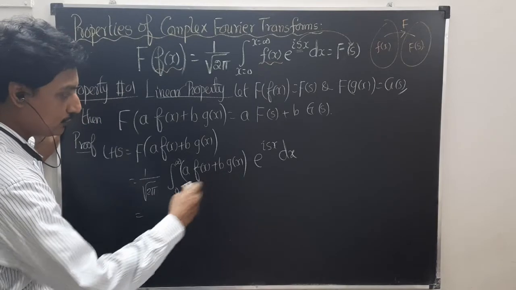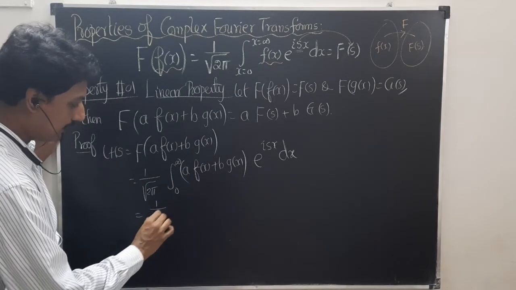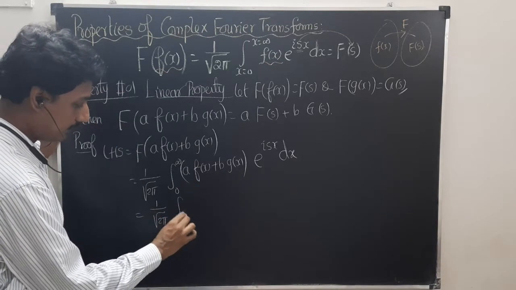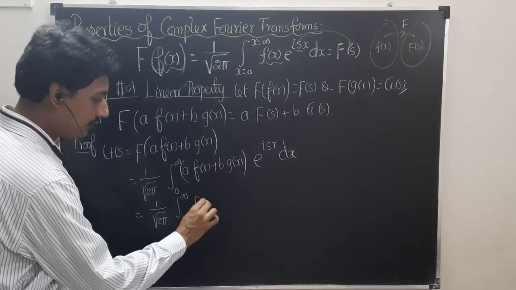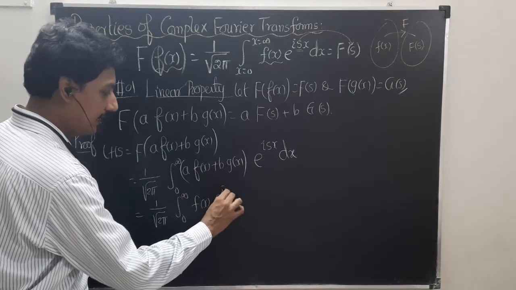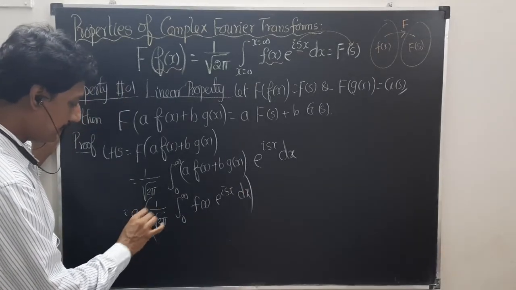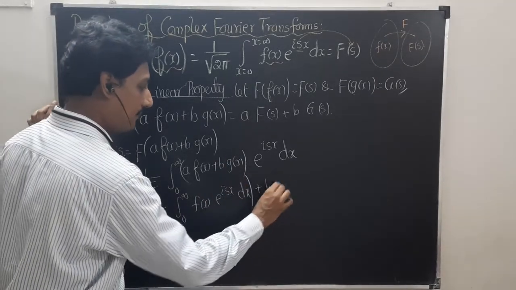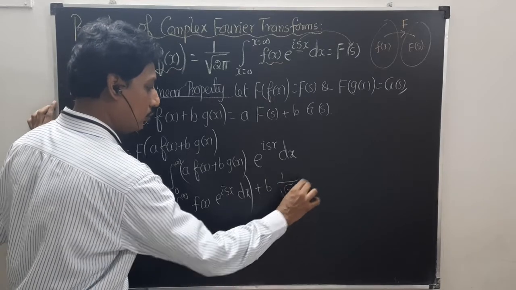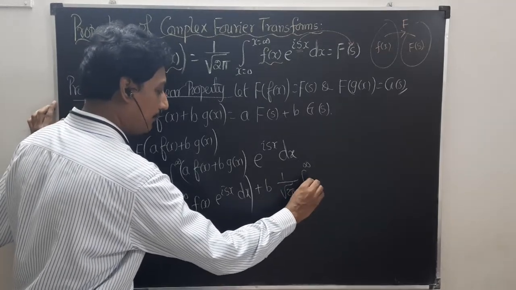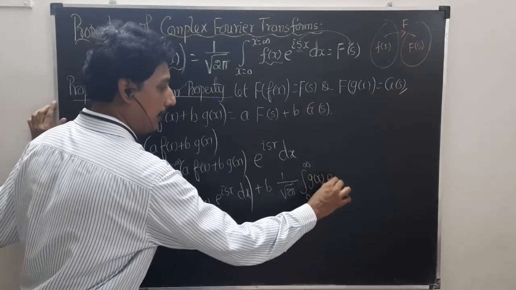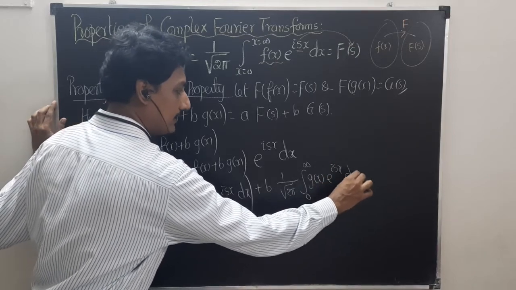Let us split this into two separate integrals. 1 by square root of 2 pi, integral 0 to infinity of a f of x e to the power i s x dx, where a comes in front. Similarly, b comes in front of the integral 1 by root 2 pi, integral 0 to infinity of g of x e to the power i s x dx. Right?